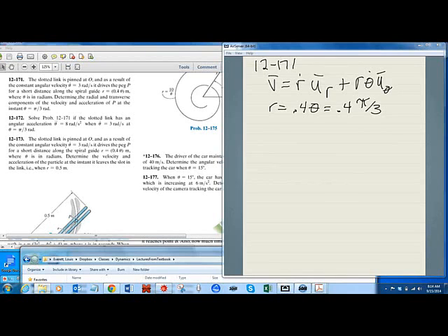Okay, can you do that? What do you get when you take a derivative of that? 0.4 times theta dot? Okay, so r dot equals 0.4 theta dot. What happened to the chain rule? How come I didn't use the chain rule? Or did I? Sure did. What's the derivative of something to the 1 power?